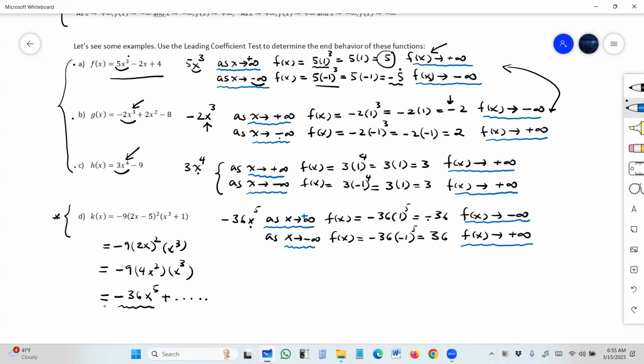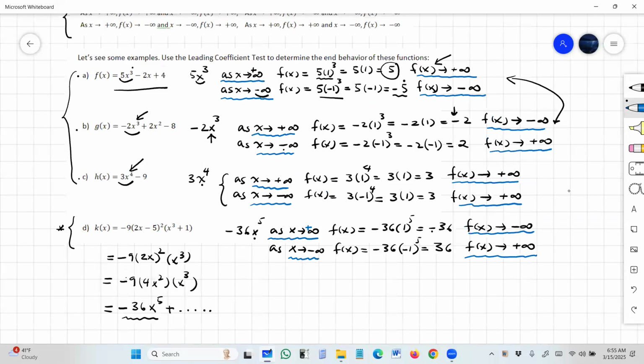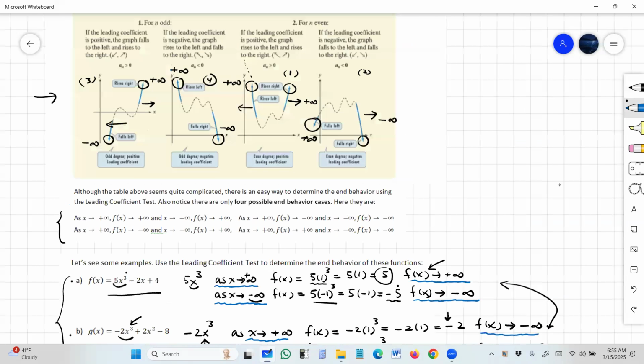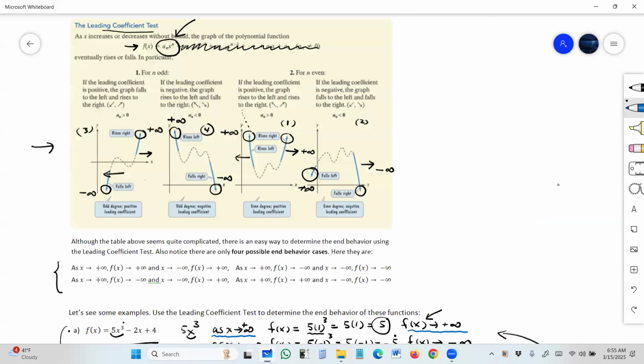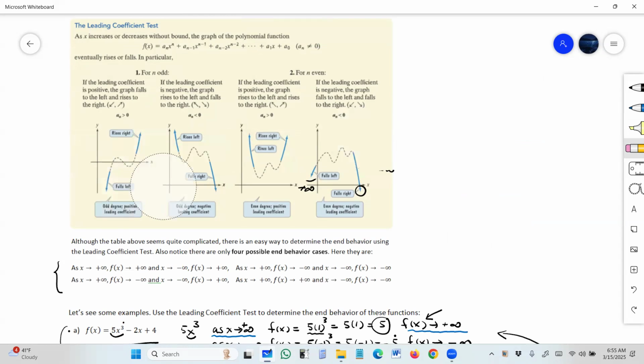And you might say, well, why do I need that? Well, we need to know where the function is going as it approaches infinity on the positive side and on the negative side. It's exactly what we had on the graph before. This graph that you saw here before. And this is going to allow us to graph the function on either end.